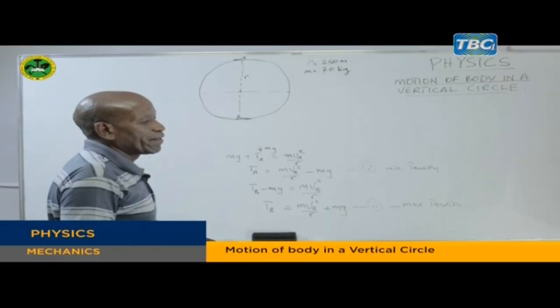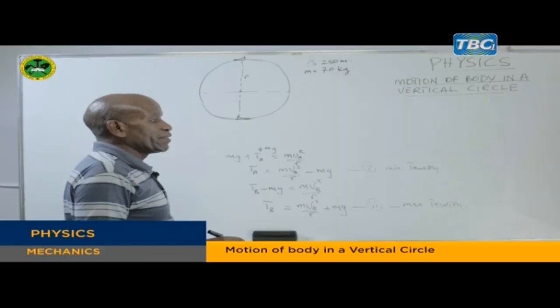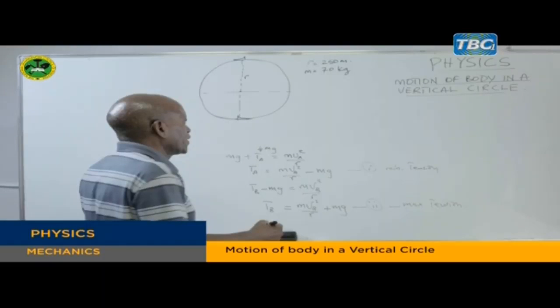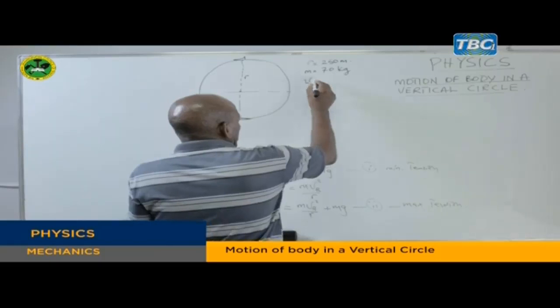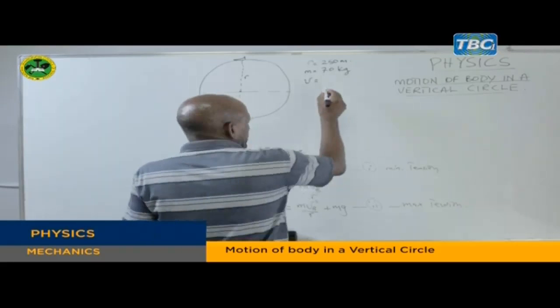We take the speed at which the plane is looping the circle, V, as 380 kilometers per hour.